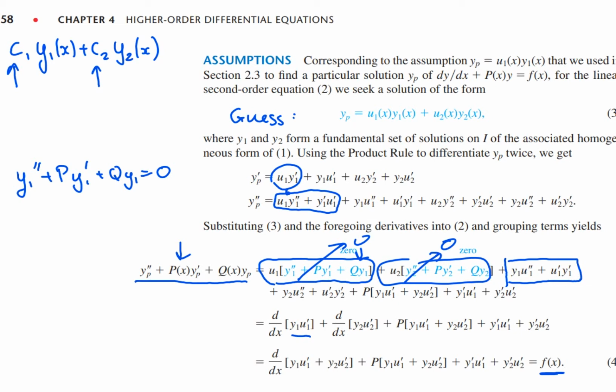First term times the derivative of the second term gives me y1 times u1 double prime, that's that term, plus derivative of the first term times the second term, y1 prime u1 prime. So those two terms combine into this single term here. Same thing with the number 2's, everything else stays the same. That's the second clever step.